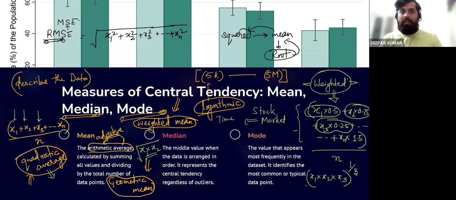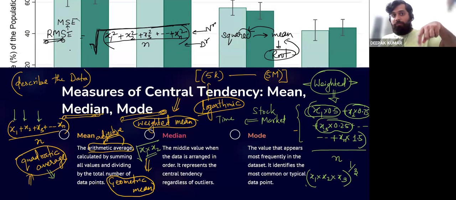First you square, take its mean by n, and now you have taken the under root. The numerator is squared, the denominator indicates taking the mean, and the square root indicates under root, and hence we call it root mean square.